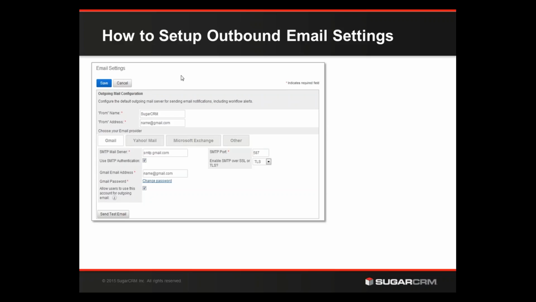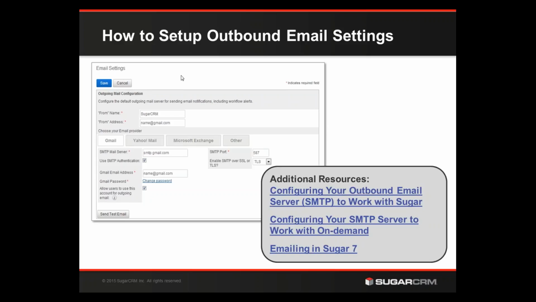So if I wanted to look at my email, let's say for Microsoft Exchange, inside of Sugar, as long as outbound email is set up and connected to your server and my personal settings for my email are set up, I can see my email inside of Sugar, and I can see my email, let's say in Outlook. Okay? If it's Gmail, I can see it inside of Sugar, and I can see the exact copy of those emails inside of Gmail. Okay? Just depends on how you set this up.